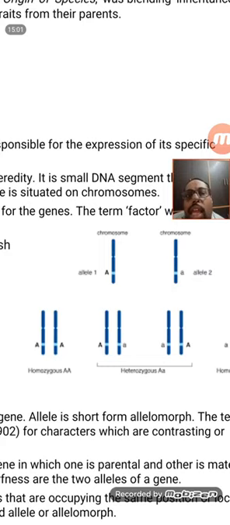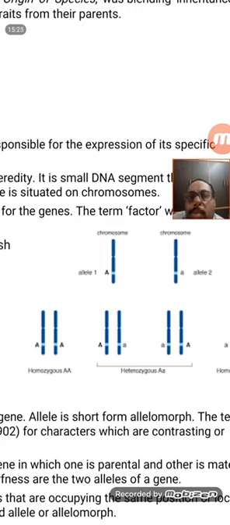So these two alleles, one allele comes from the father and another from the mother. If the father's allele is A and the mother's allele is small a, the child may express any one of these alleles, either capital or small. So they are known as the alleles.